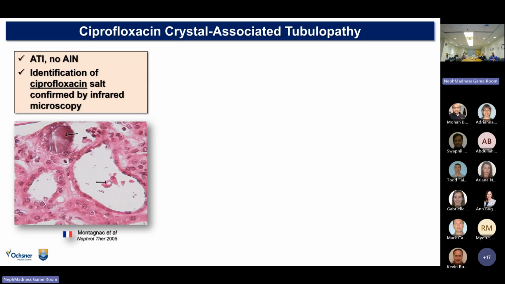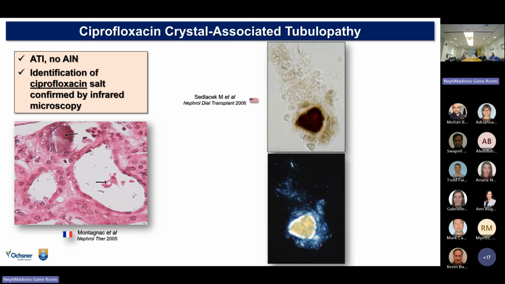The only study that we found demonstrating actual identification of the crystal by infrared microscopy came from the French author Montagnac, who found these crystals in the kidney and showed that they're actually ciprofloxacin salts. And the final image I'd like to share is a report by Sedlacek in NDT 2006.